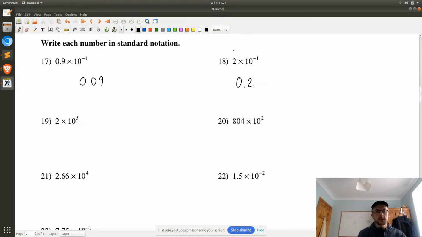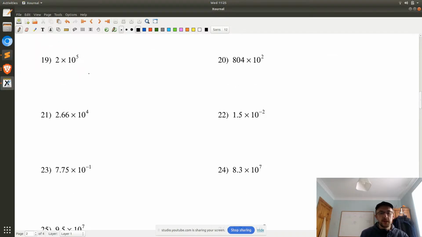Here we can't see any zeros, so the only place for it to go is at the front before the 2, so it'll be 0.2. But always make sure that in the back of your mind you know what this means. This means 2 times 1/10, which is a tenth of 2, which is 0.2.